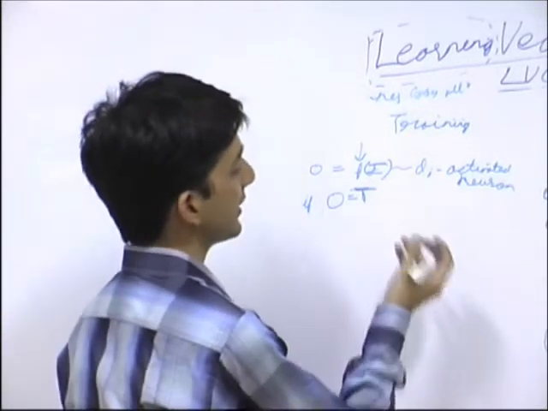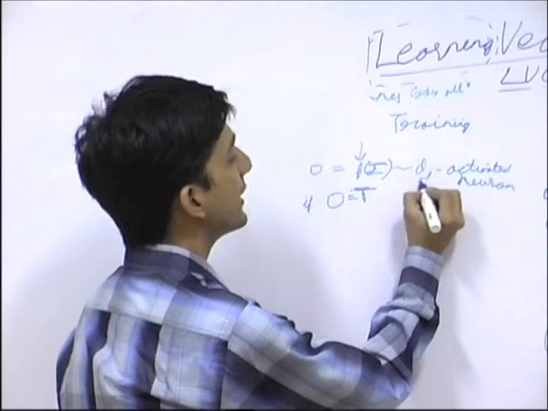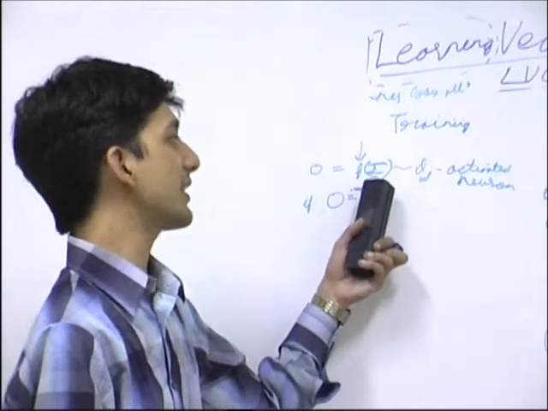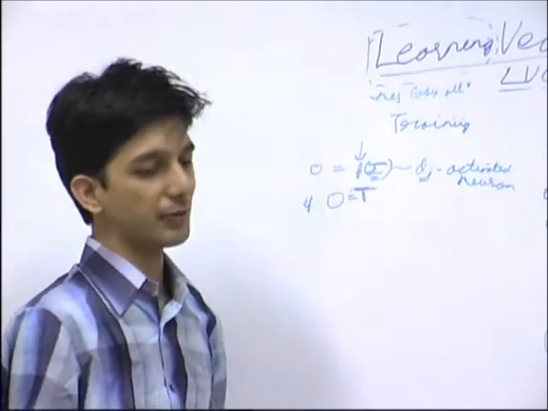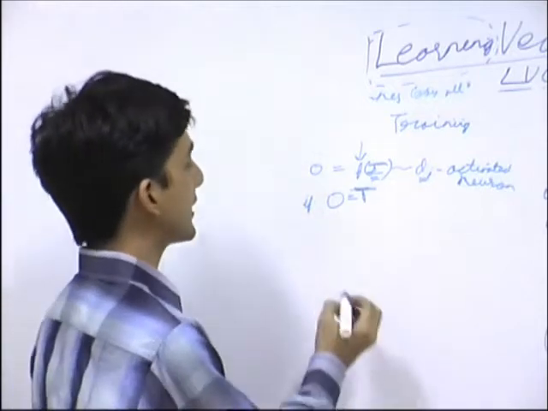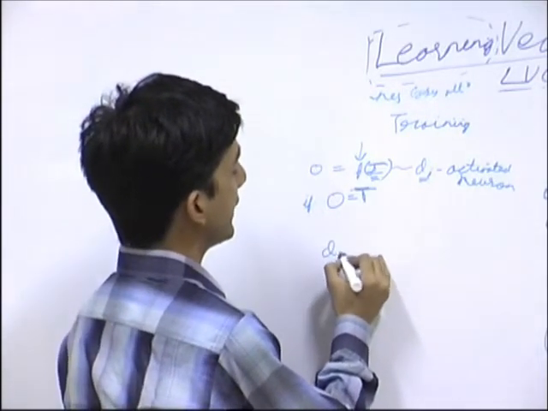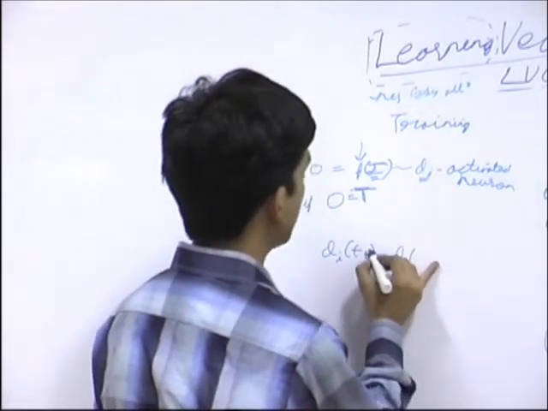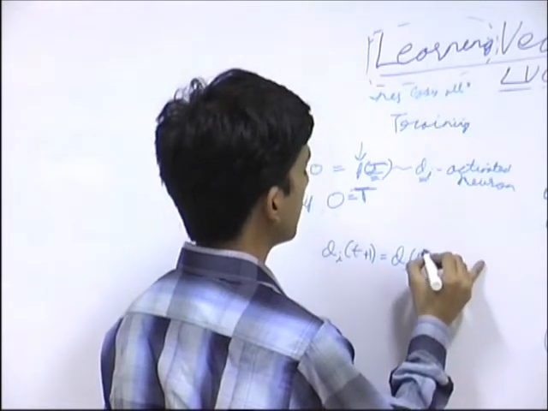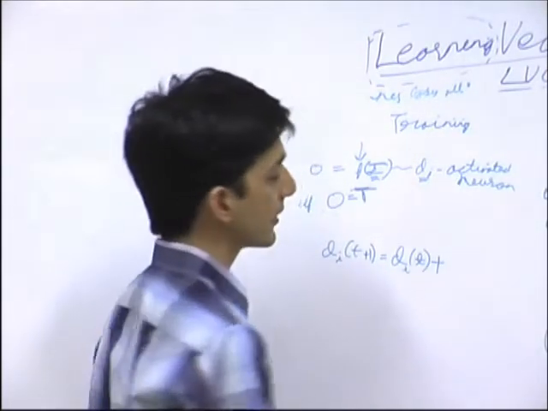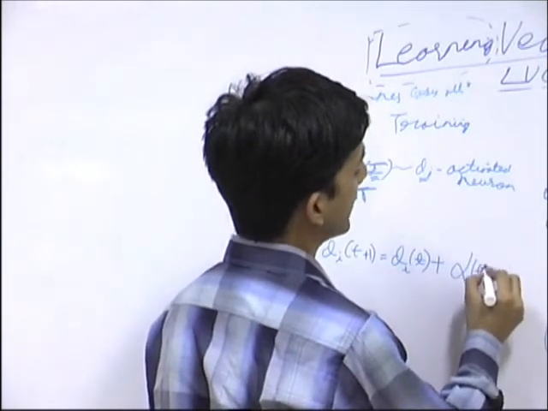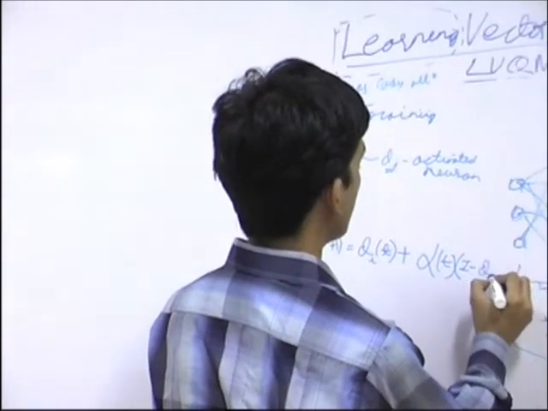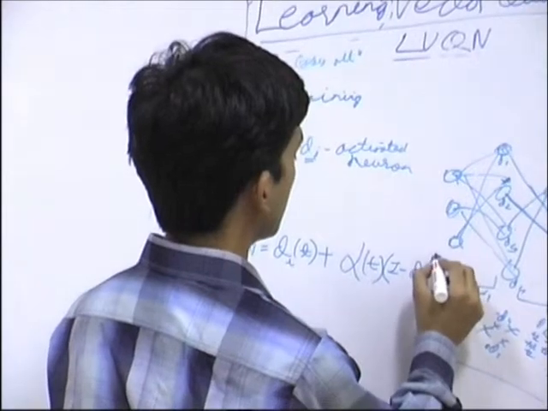If the output is correct, I basically need to pull the neuron weight W_i towards the input D_i, because it's a classification problem. I know that D_i represents some characteristics that the neuron should possess, so I try to pull W_i towards D_i. So I say that my new value of W_i will be the old value of W_i plus some learning rate times how much D_i is different from W_i.